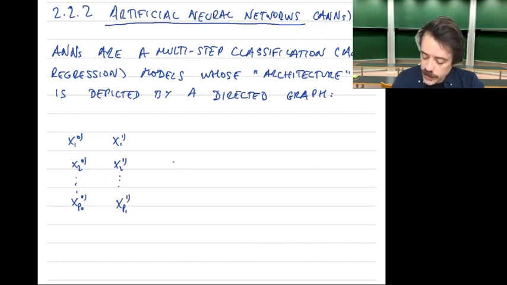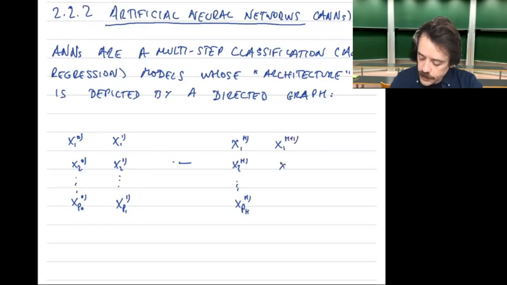And then we're going to go all the way up to x1 for capital H, x2 of capital H, up to x p h of H, and then x1 at H plus 1, x2 at H plus 1, and so on.